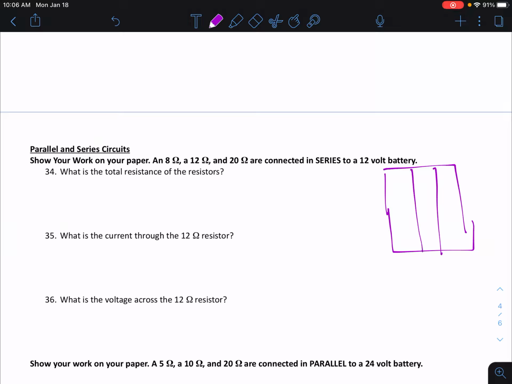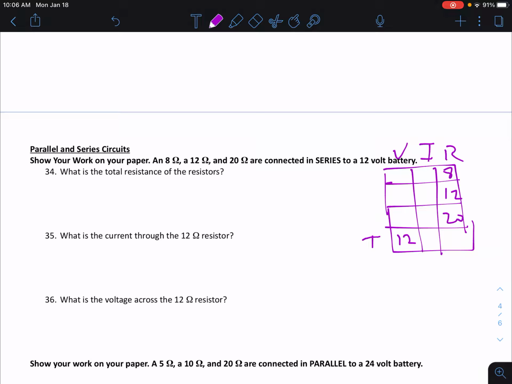I think that will make it easier for you. This is resistance, and you've got an 8, a 12, a 20, and a 12-volt battery. This is your total here, so this would be 12 volts. This is voltage, and the middle one is current. So that's the information that you have.